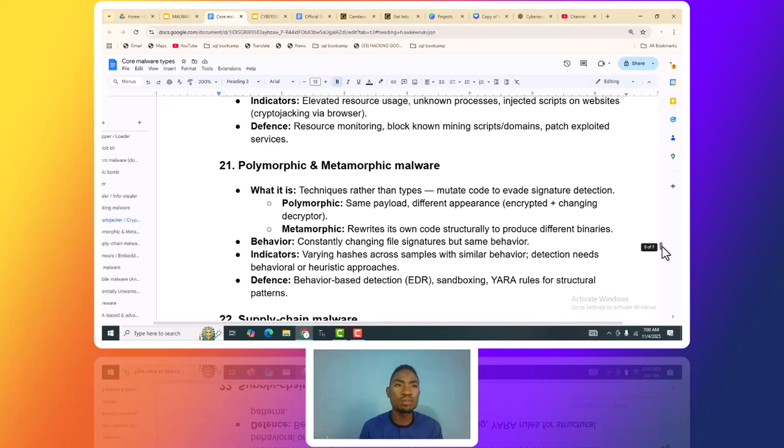Behavioral detection or analysis needs to be carried out. Sometimes if you carry out static analysis, it will not be able to catch it. So we need behavior-based detection like EDR, sandboxing, or YARA rules for pattern matching.